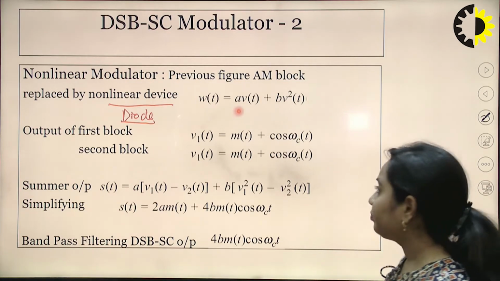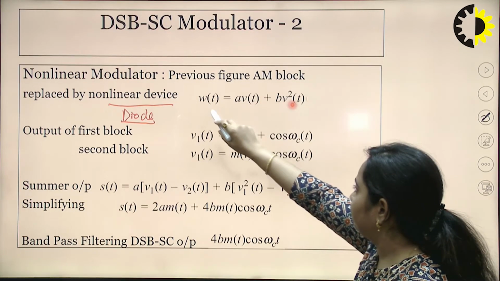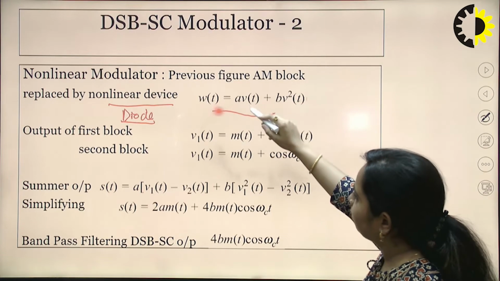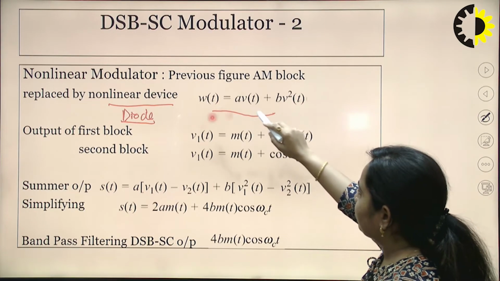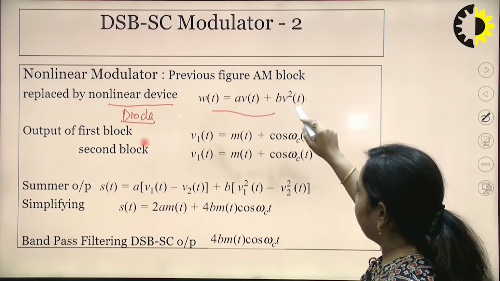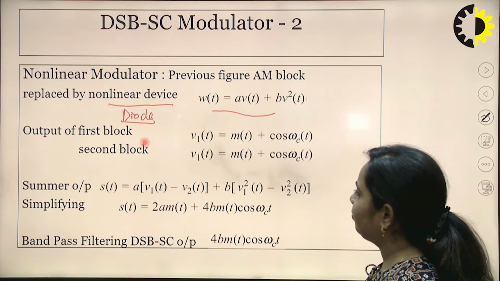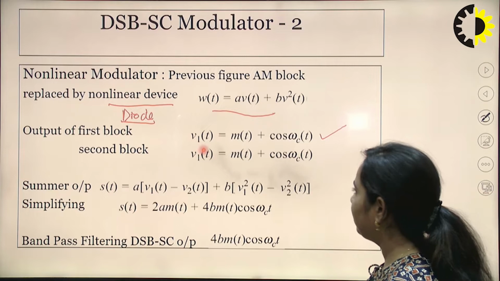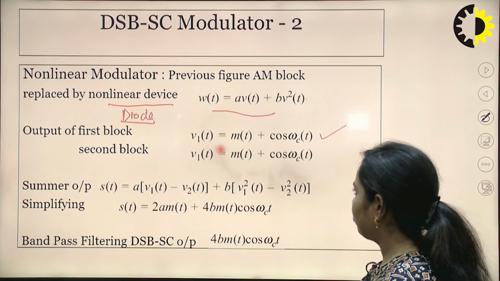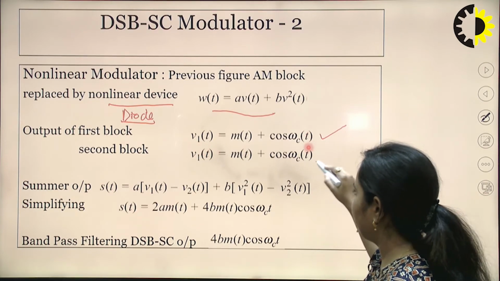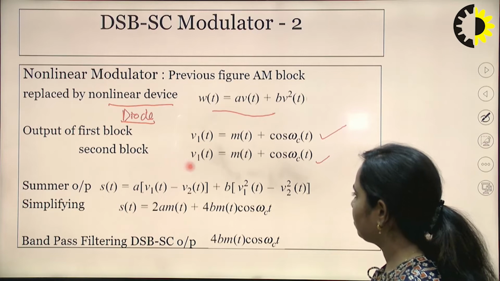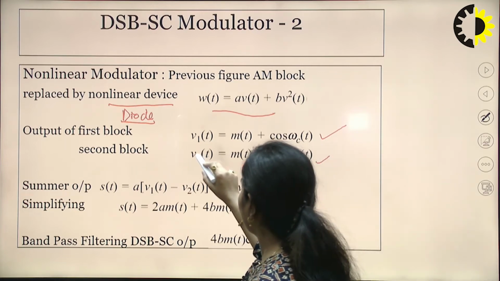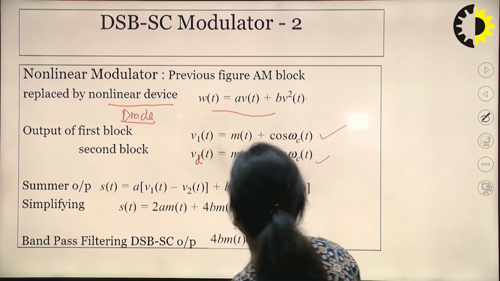Now this will be the current voltage equation, w(t) equals a v(t) plus b v squared(t). So we can find out the output of the first block, that is v1(t) equals m(t) plus cos omega ct, and second block is v2(t) equals m(t) minus cos omega ct.